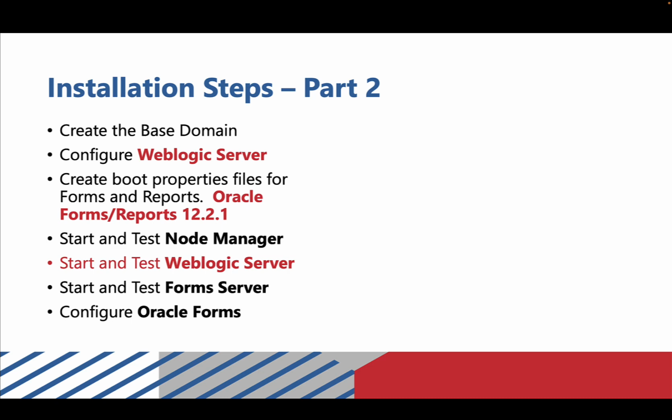Last step is then to configure Oracle Forms. Now, we're not going to go too deep into the configuring of Oracle Forms because I have other videos on developing Oracle Forms and configuring Oracle Forms for your own private environment. It's going to be part of that video.